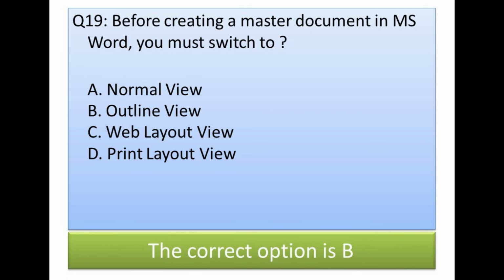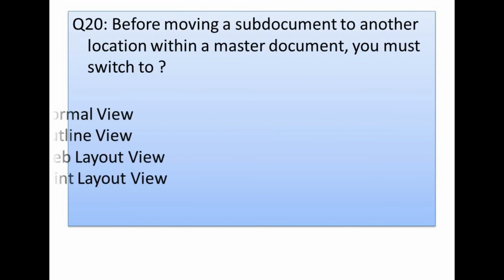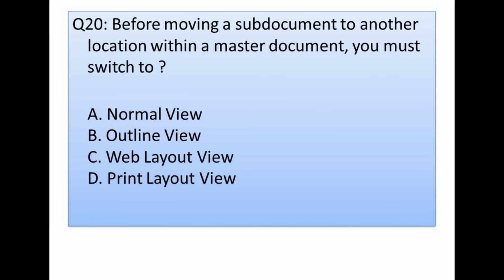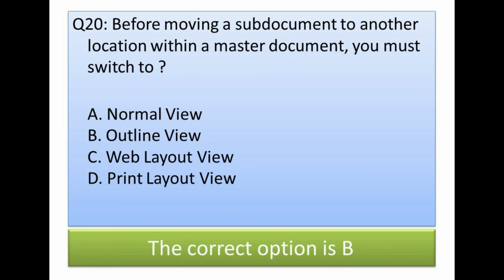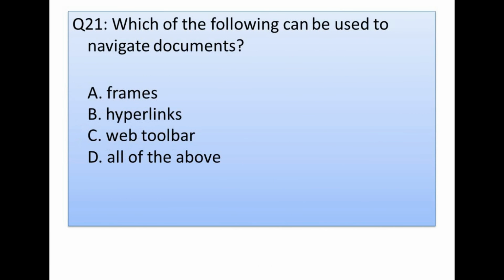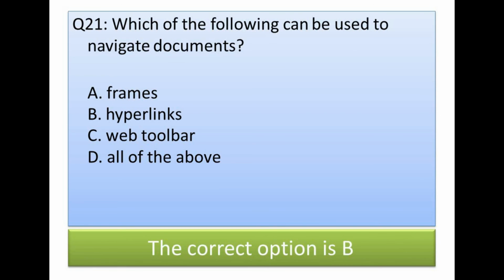Correct option is B. Before moving a subdocument to another location within a master document, you must switch to Normal view, Outline view, Web Layout view, Print Layout view. Correct option is D. Which of the following can be used to navigate documents? Frames, hyperlinks, Web toolbar, all of the above. So the correct option is D.